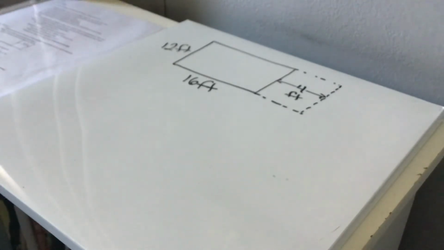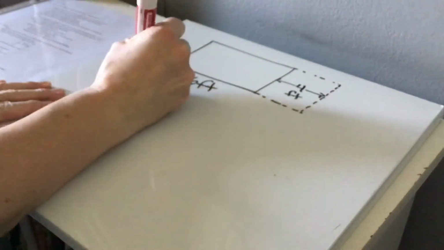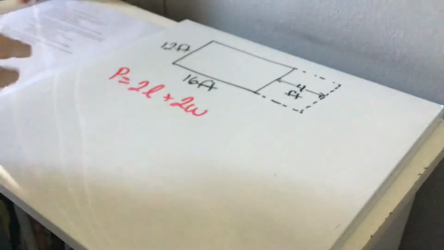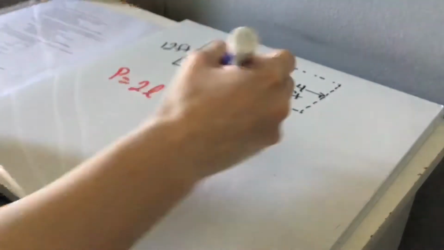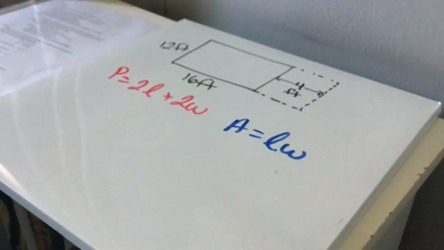So we're being asked to find the new area and the new perimeter. The perimeter of a rectangle is 2 times the length plus 2 times the width. And the area of a rectangle is the length times the width.